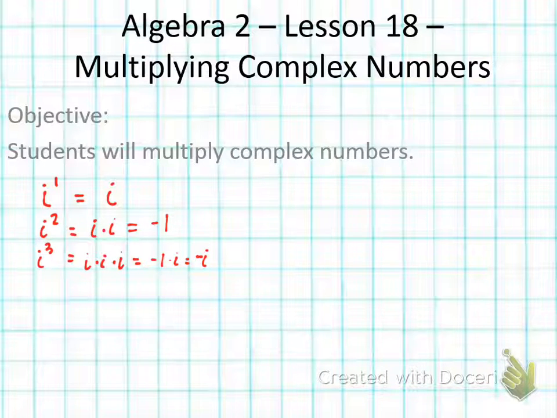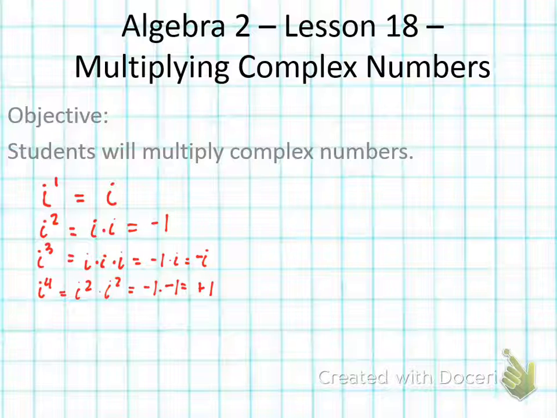Follow me so far? Okay, next, i to the fourth is like saying i squared times i squared. We know that i squared is negative 1, so it's like saying negative 1 times negative 1, which is equal to positive 1. You follow me so far?